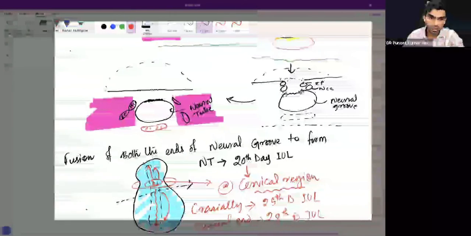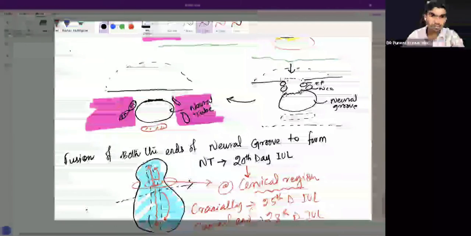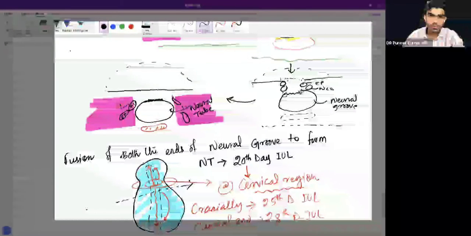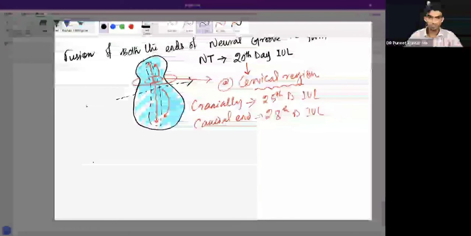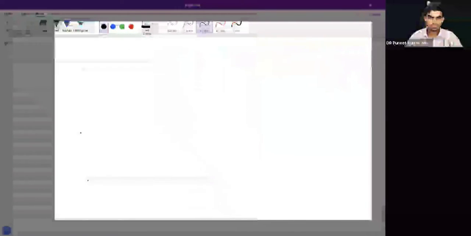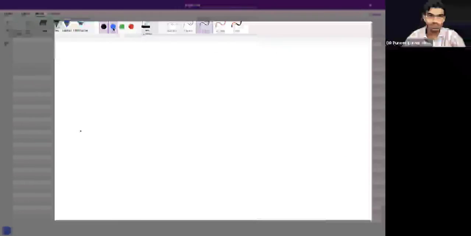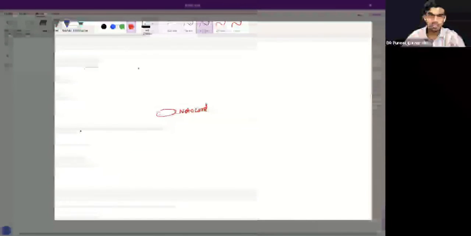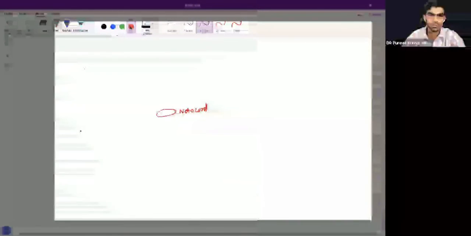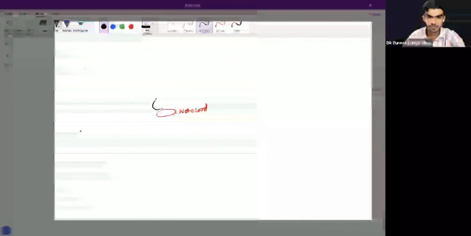This one was your mesoderm. So this is your notochord. Just above the notochord is your neural tube.